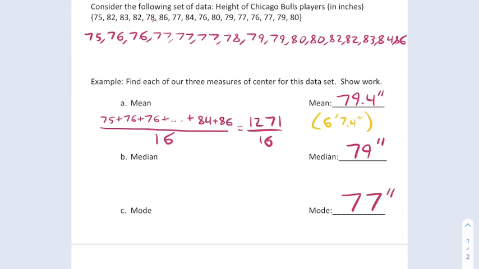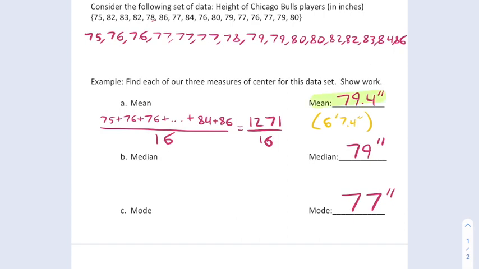If there were a tie, we would just list all of the numbers tied for the lead. So let's say there was one more 76, then we would say the mode is both 76 and 77. But there's not, so it's just 77 for this problem. Now, as you see, the mean, median, and mode are all pretty close to each other, and there's not necessarily one of these numbers that's better than the other.